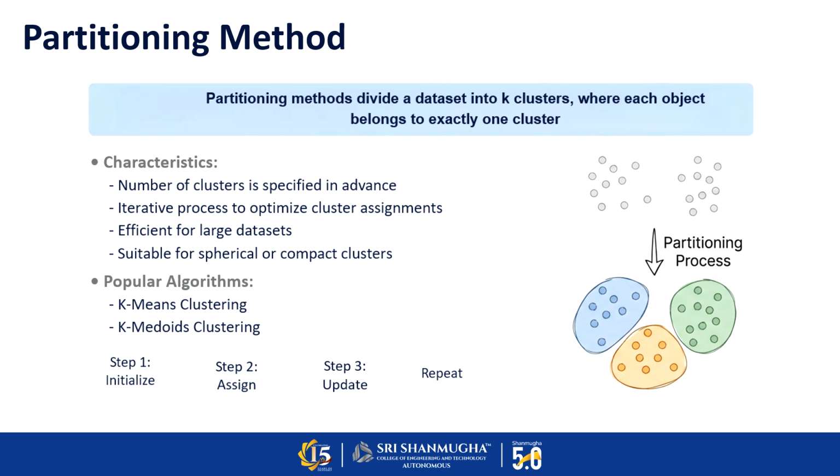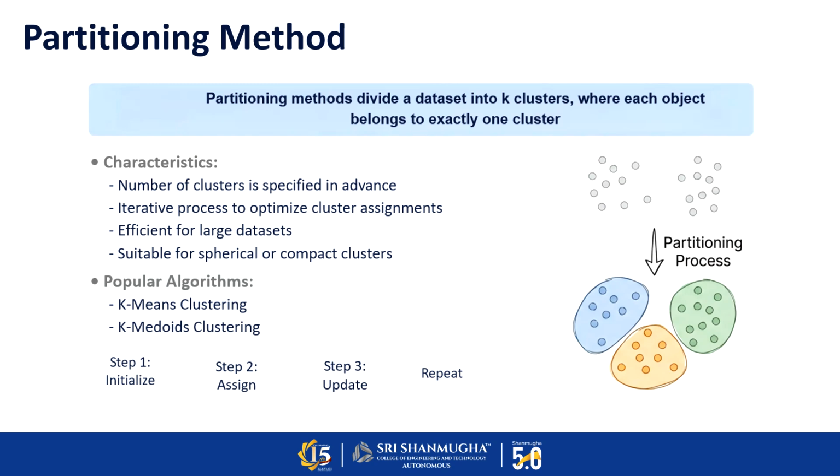It is efficient for large data sets, relatively fast compared to other methods, that is hierarchical, the next method we are going to learn. It is best suited for spherical or compact clusters, and it works best when clusters are roughly round shaped, and similar in size.